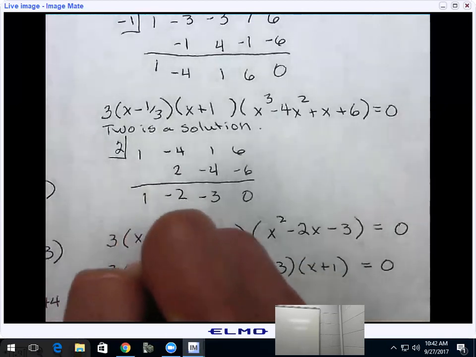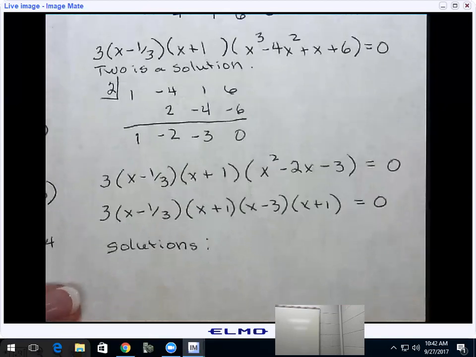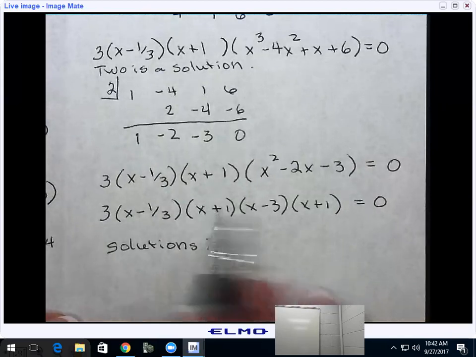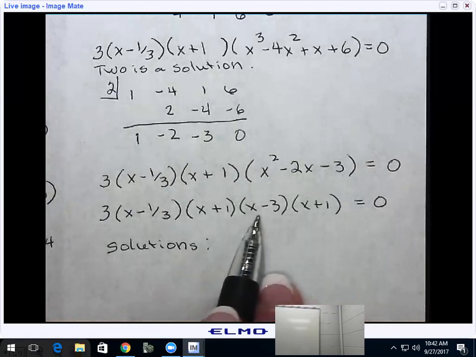So I can solve an equation I would not have been able to solve yesterday. What are my solutions? -1 actually is multiplicity 2, and then 3, and then 1/3.